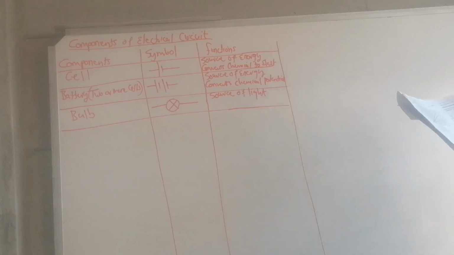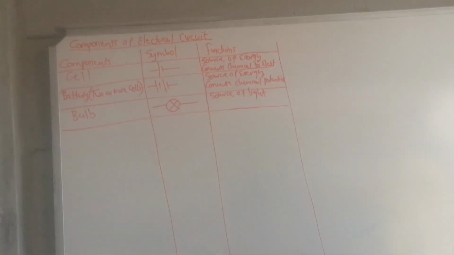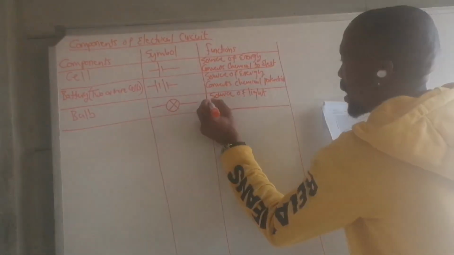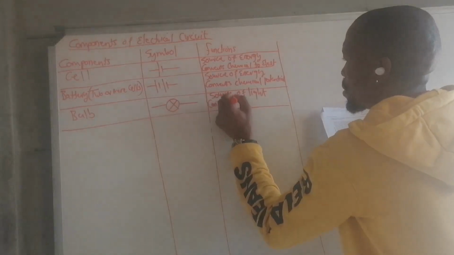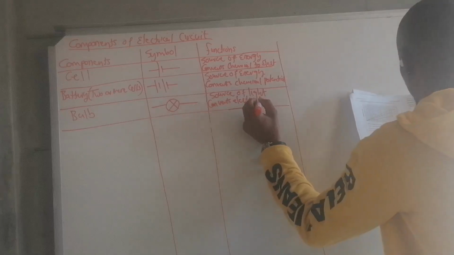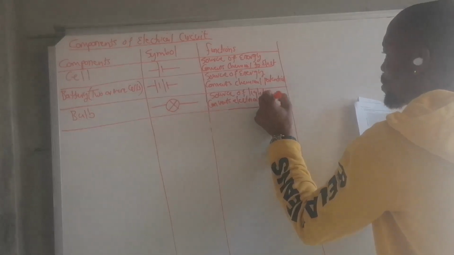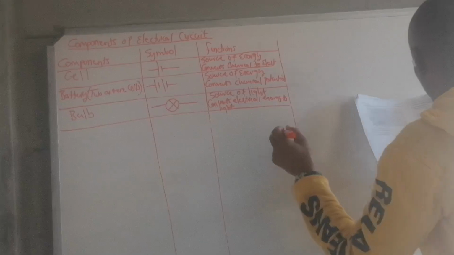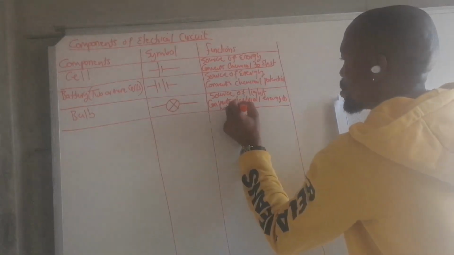And then it converts electrical energy to light and heat, because obviously the bulb glows. So this one, the source of light, converts electrical energy to light and heat energy.